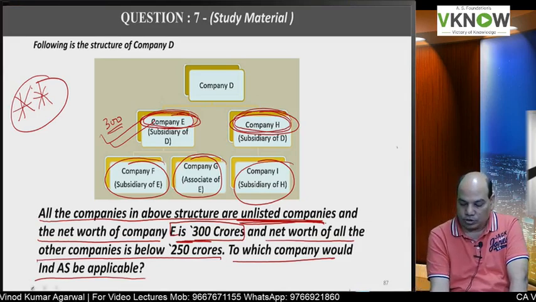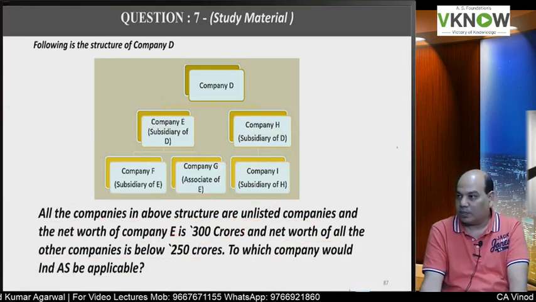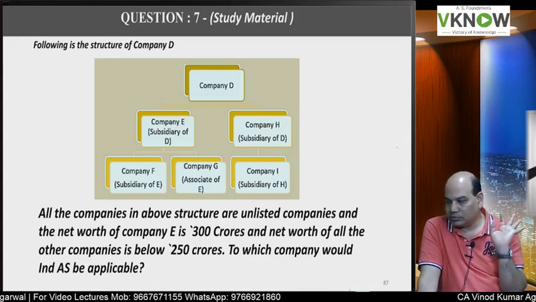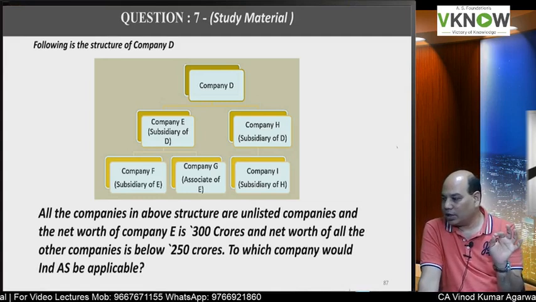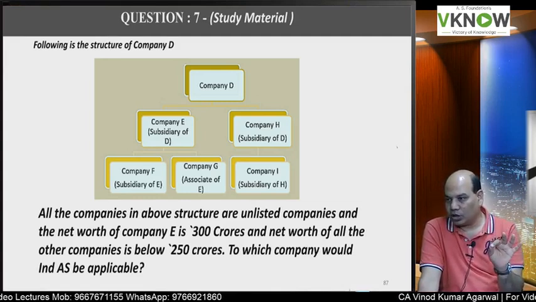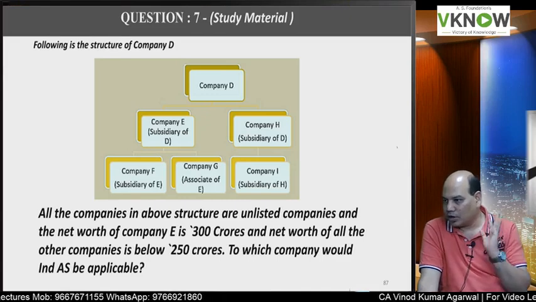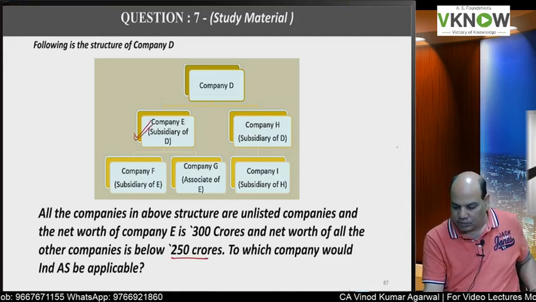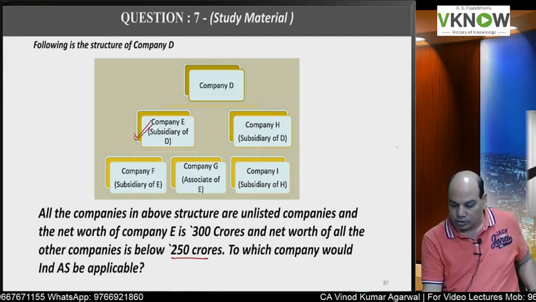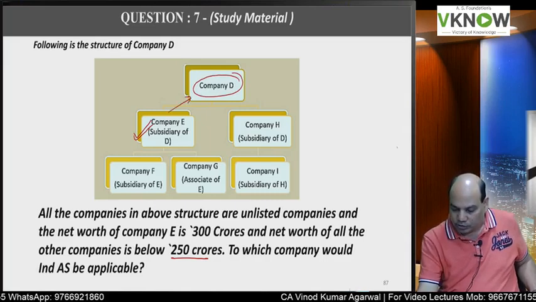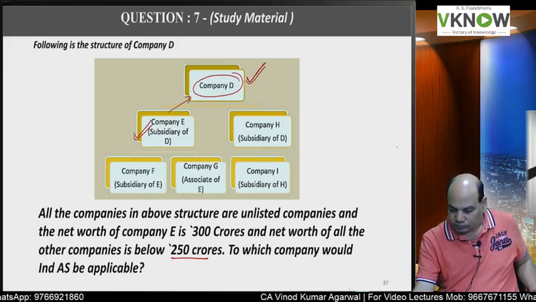First you have to see the applicability criteria: none of them are listed. Then I will apply the net worth criteria. The net worth of only E is 250 crore and above. We are assuming phase 2 or thereafter. So it is applicable to E. Will it be applicable to D also? Yes, because D is the parent company.